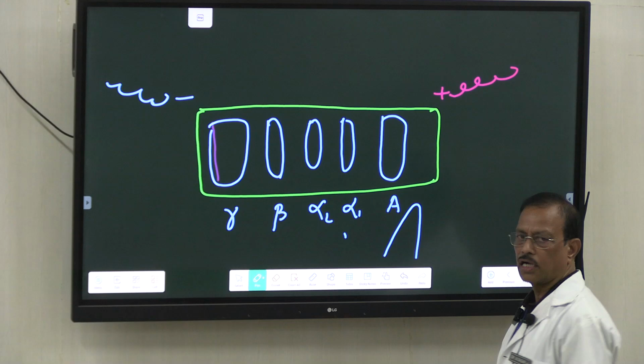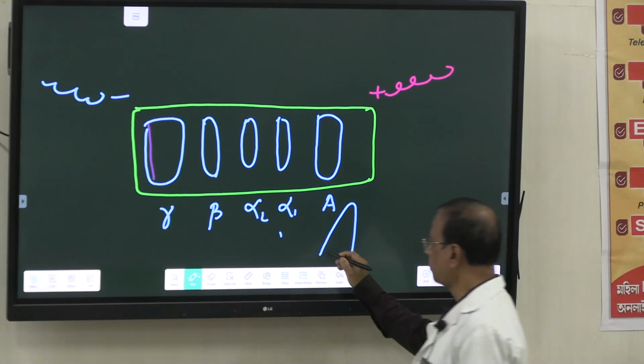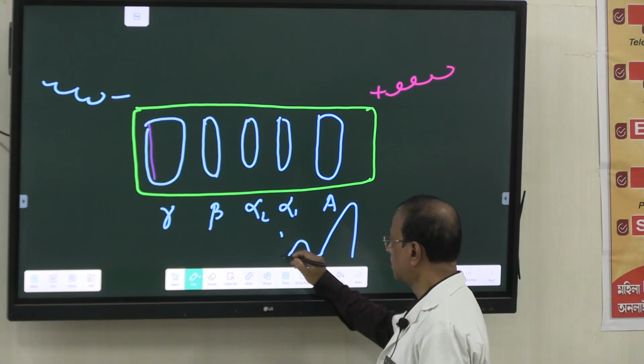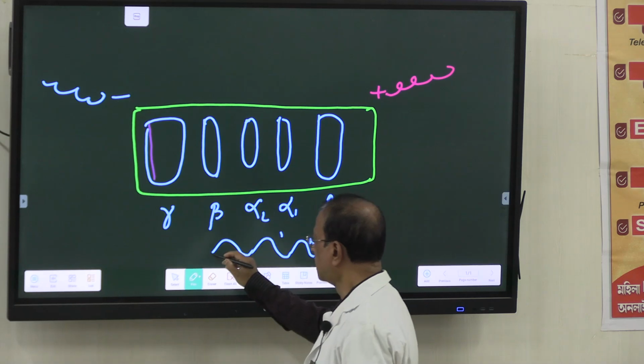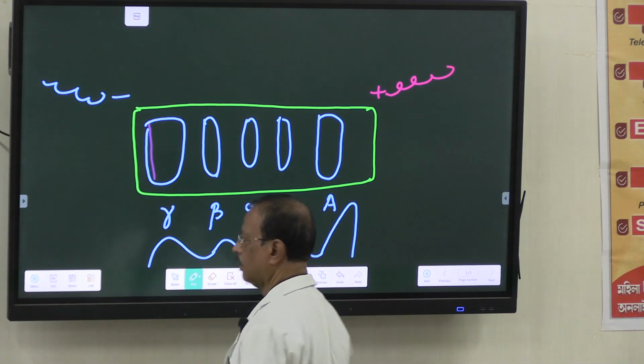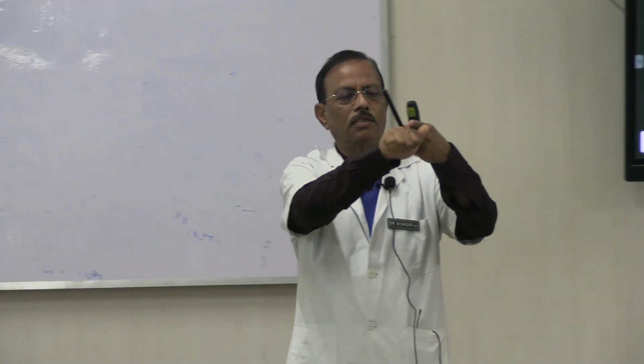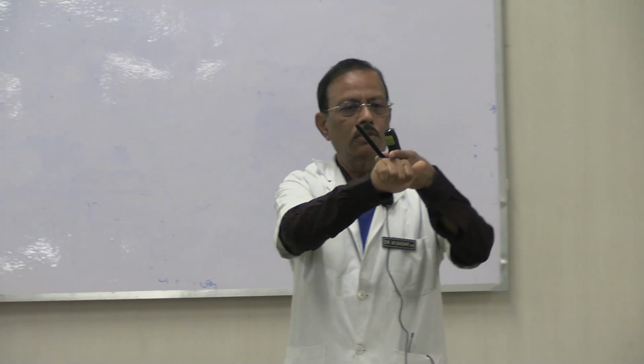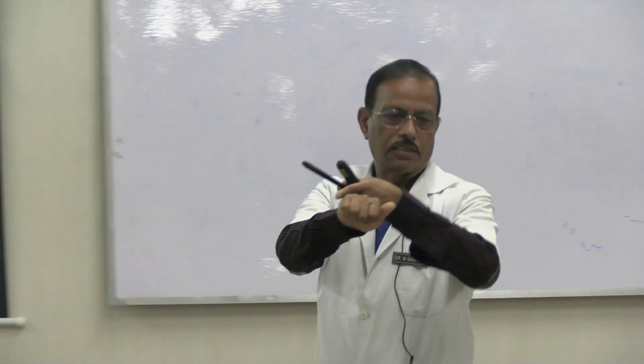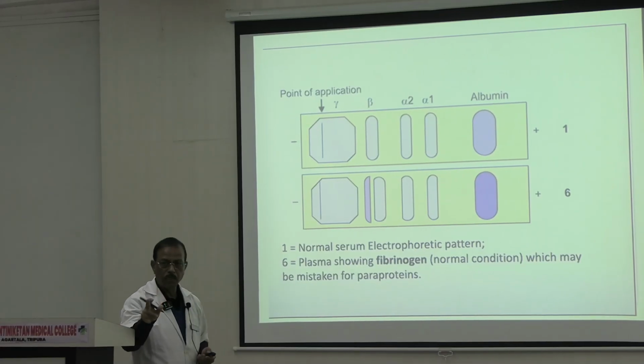Then comes alpha 1, alpha 2, beta, gamma. Estimation is done by densitometry.